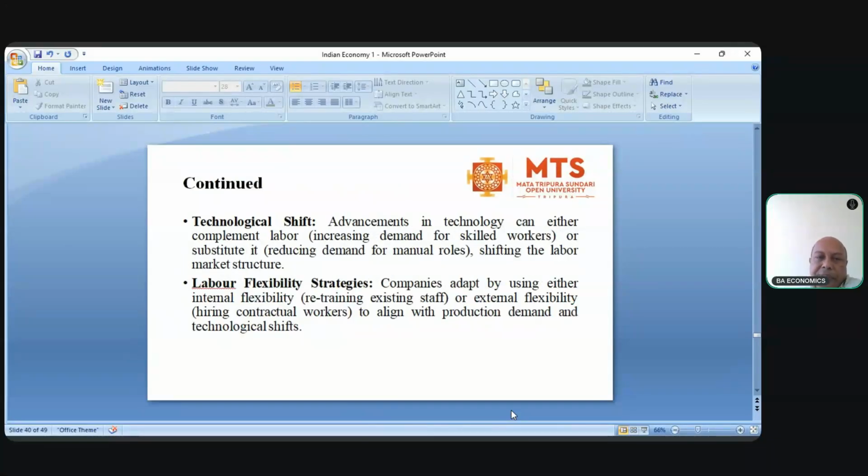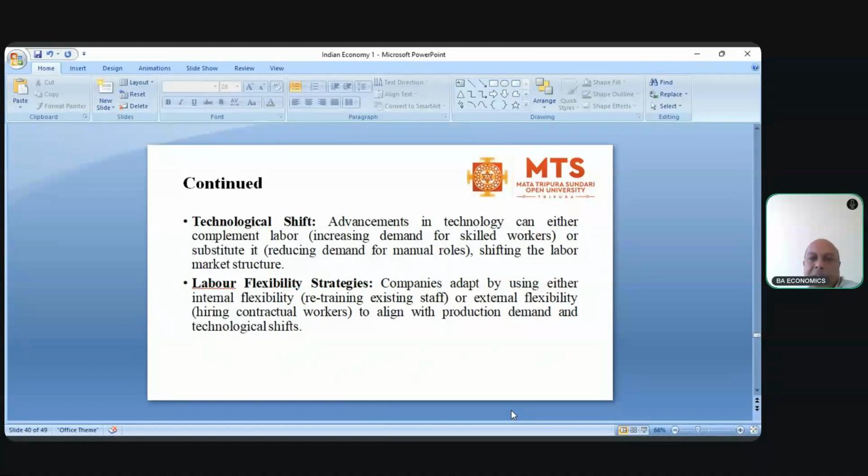Technological shift. In the labor market, technology is not fixed. Technology in society in any country is also changing. When a new technology is introduced by a producer, it is possible that the new technology may replace workers.